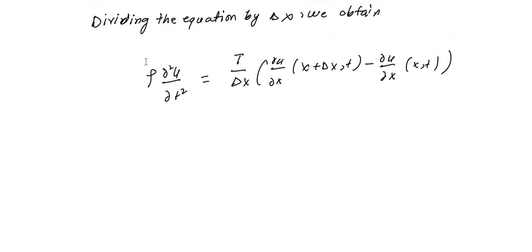Now you can apply the limits on both sides to complete the definition. So here you do not have x, so that is why the limit is not going to be applied on this side, delta t square.